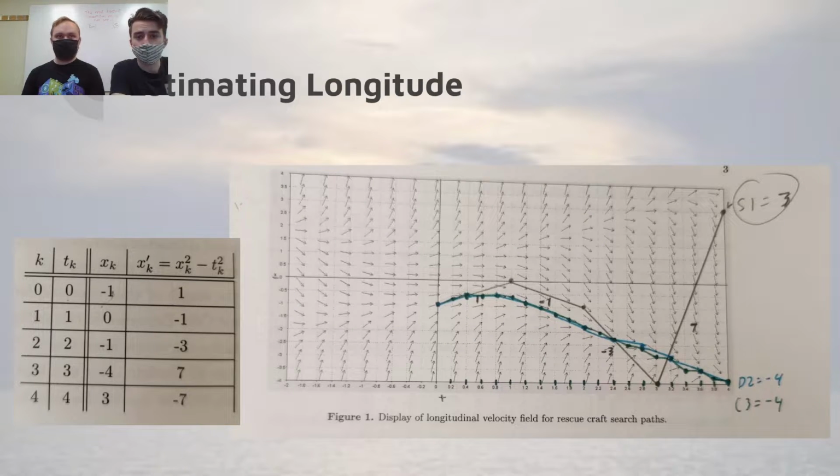All right, so our first part we're going to look at is estimating the longitude. This is based on the previously known values given to the U.S. Coast Guard of the ship's position and velocity. And by plugging in these points into the graph and following the slope lines, we're able to see what course of action the ship, which is C3, the helicopter D2, and the airplane S1 are going to take.